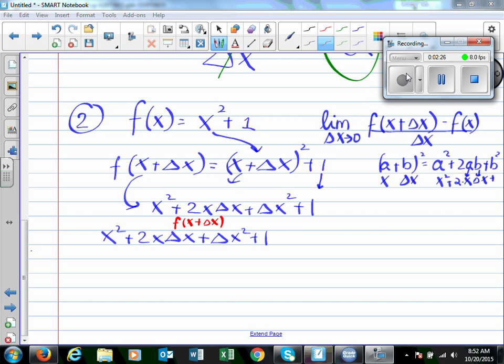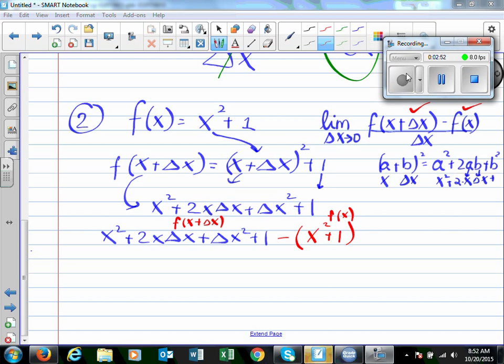Minus f of x, which is given to be, so please make sure you're putting the parentheses every single time, minus x squared plus 1, because that is my f of x. Are you following? So we substituted for this from here, and then we are substituting for this from the given equation.